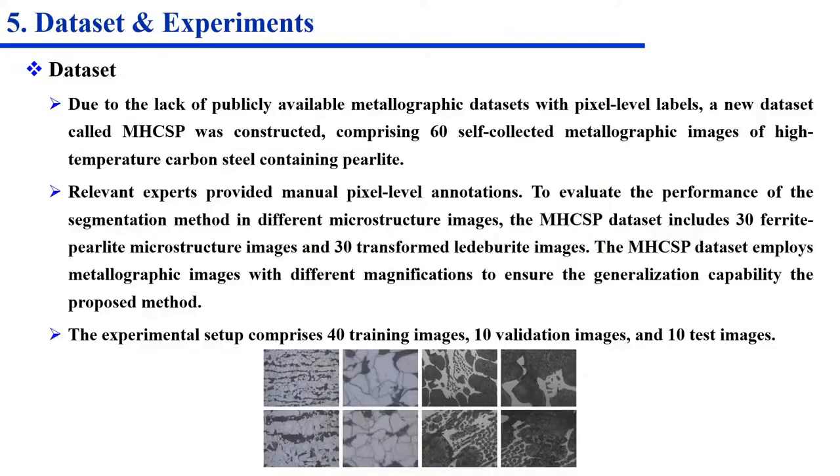To test the mettle of our approach, we constructed the MHCSP dataset. This dataset, comprising 60 meticulously created metallographic images of high-temperature carbon steel, serves as the proving ground for our methodology.